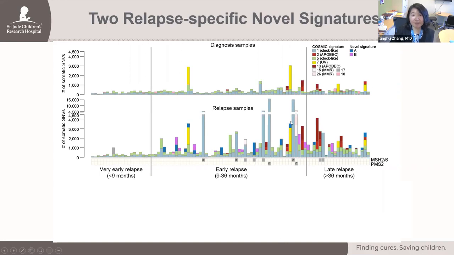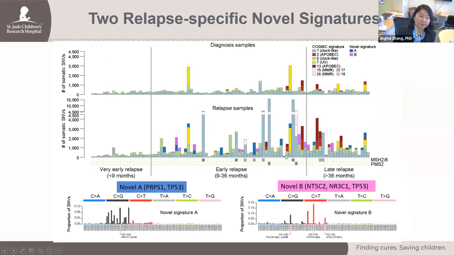What we can see here is that at relapse, the mutation burden has increased substantially compared with diagnosis. We also found 2 novel signatures, which we call A and B, shown in blue and magenta here, that are only present in relapsed patients. They are absent in the very early relapse, but highly enriched in the early and late relapse, again suggesting a potential link to therapy.